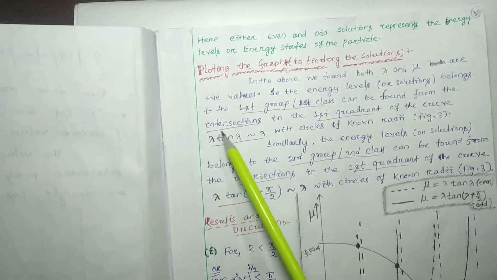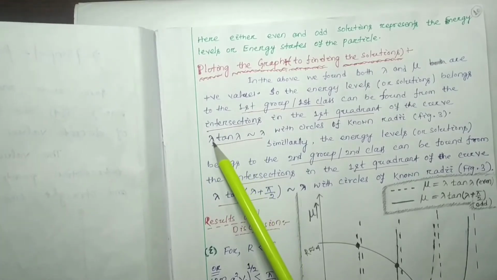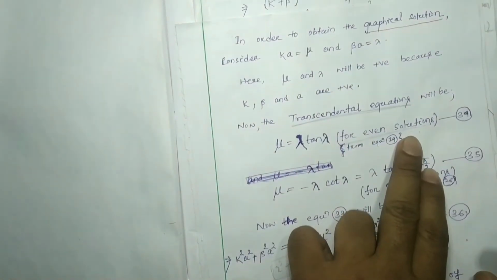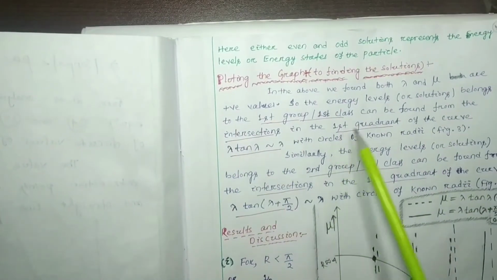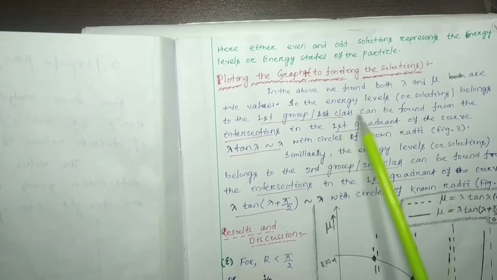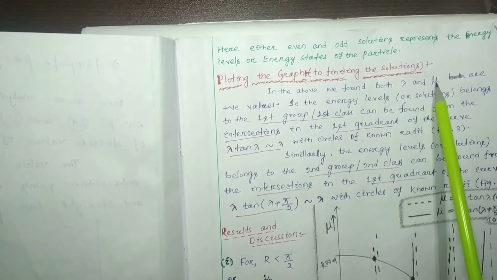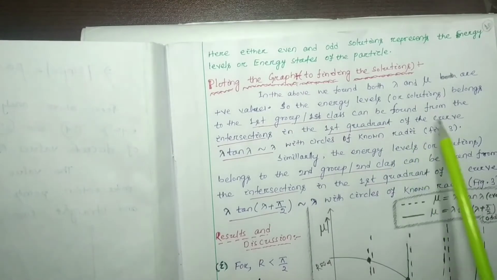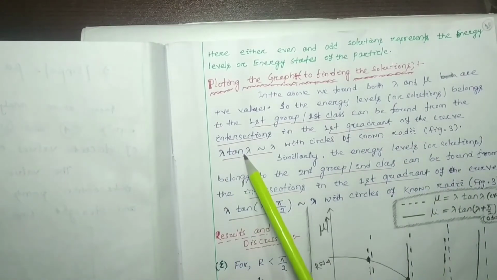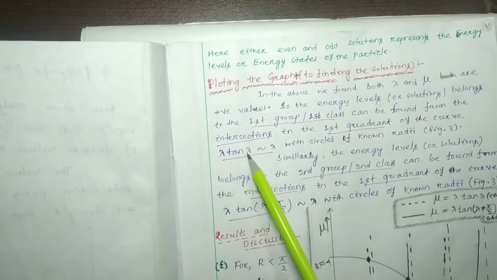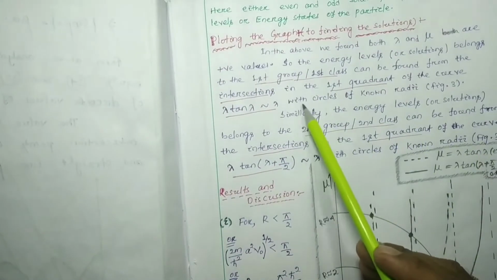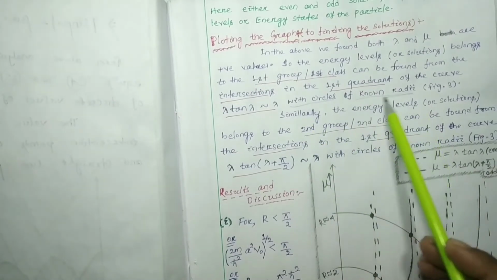I told that mu equal to lambda tan lambda belongs to your even solution. Why are we considering the first quadrant? Because lambda and mu both are positive, so only for that we consider the first quadrant of the curve lambda tan lambda versus lambda, with circles of known radius.